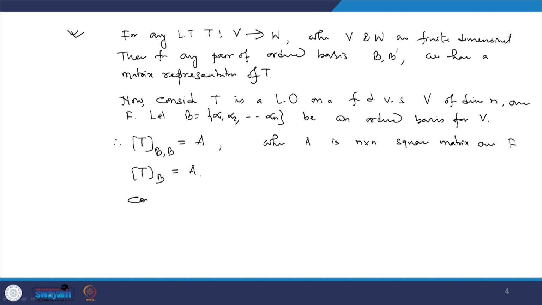Now consider B prime equal to alpha 1 prime, alpha 2 prime, up to alpha n prime, another ordered basis.